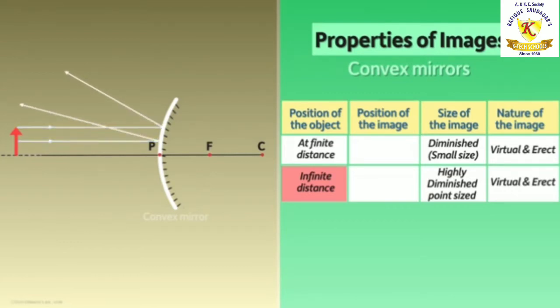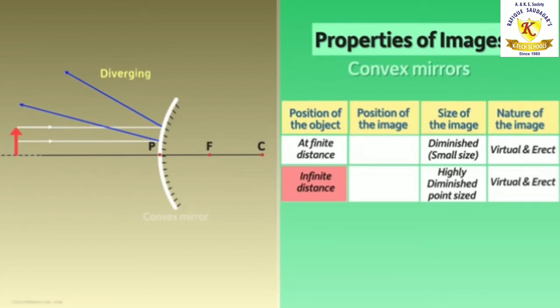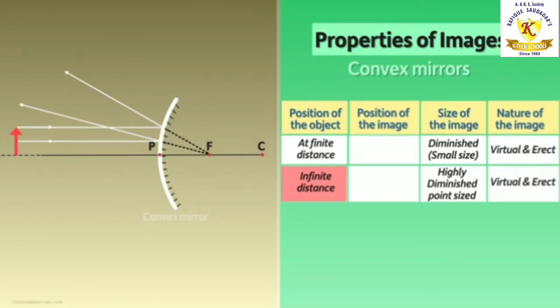Now these will be reflected in such a way that the laws of reflection are obeyed. We notice that the rays are diverging after reflection. And when we extend these rays backwards, what will happen? They meet at a single point, which is the principal focus in this case.